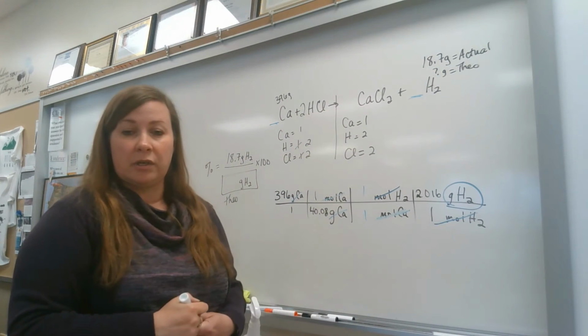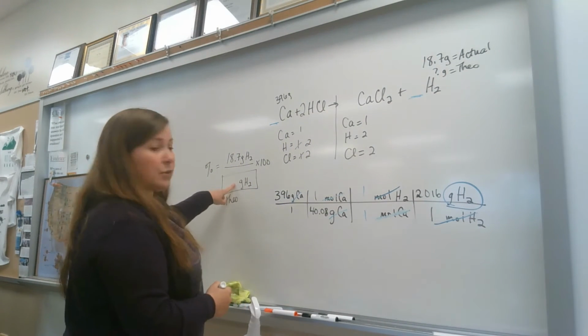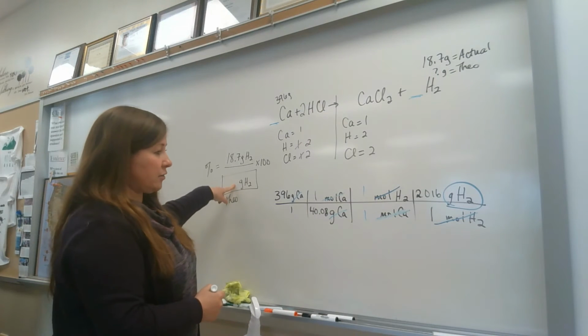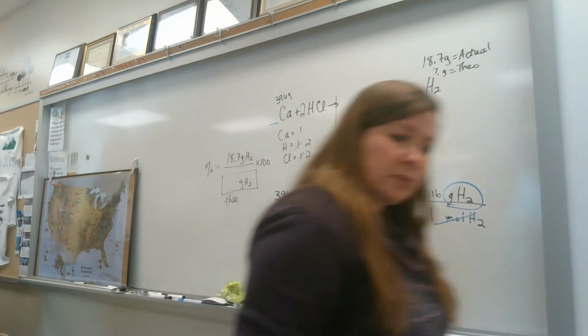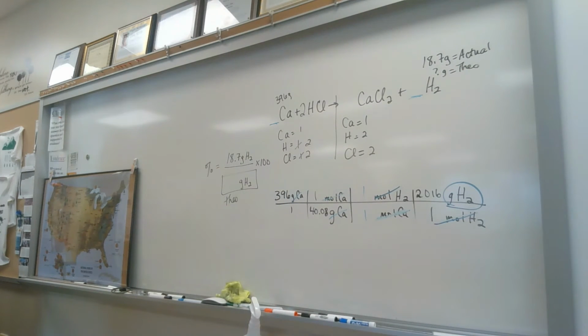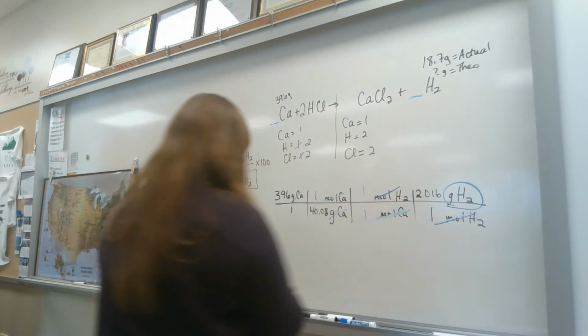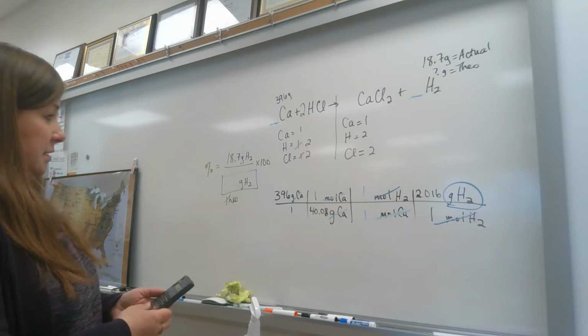So let's do the calculation. Where did my calculator run off to? Here we go. So we're doing 396 times 2.016. We'll divide that by 40.08.